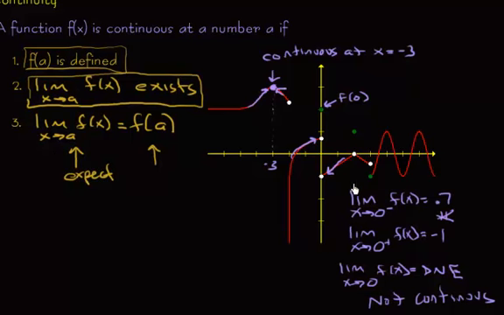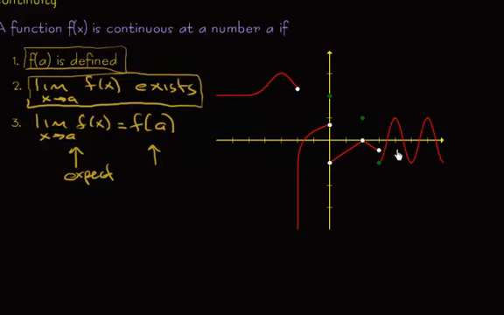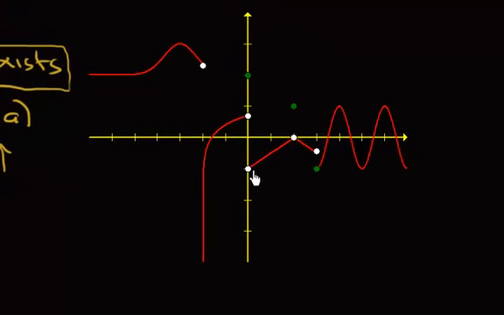Okay, so let's take a look at another example. Now, based on the example we just did, you can see that we are not going to be continuous right here, because the left-hand limit approaches this point and the right-hand limit approaches down here. And so they're not going to meet anywhere, so that's going to violate condition 2.